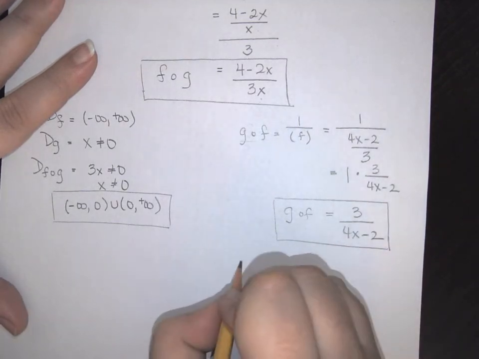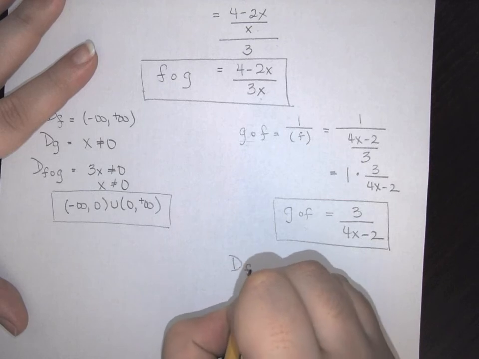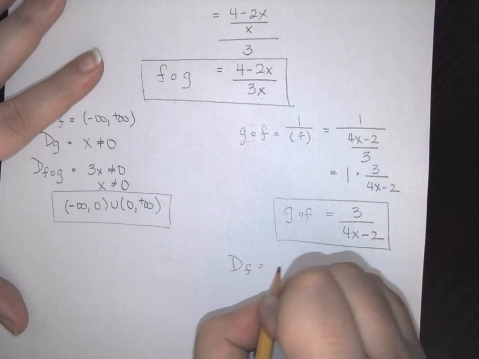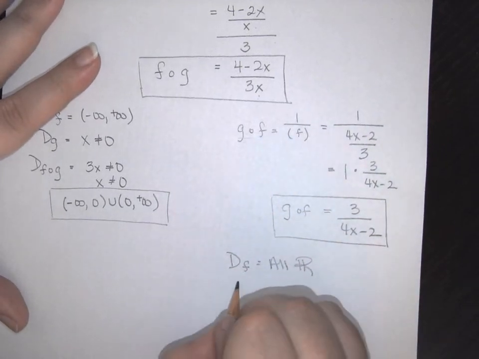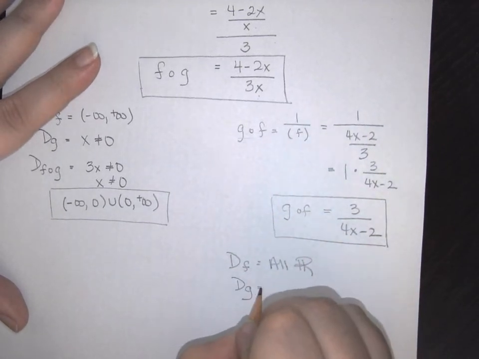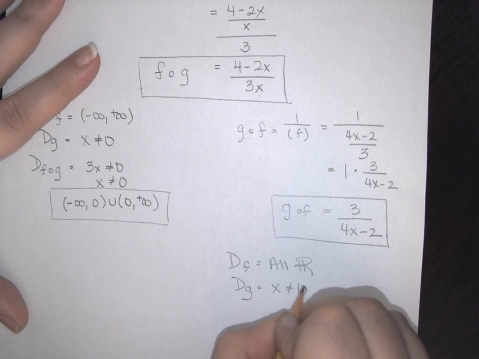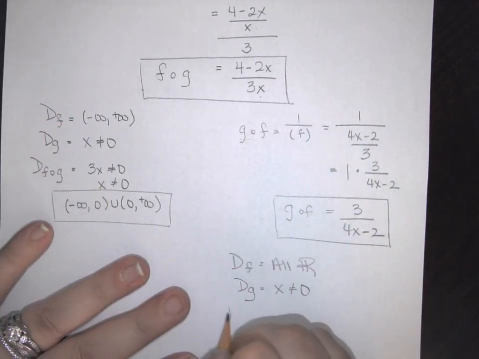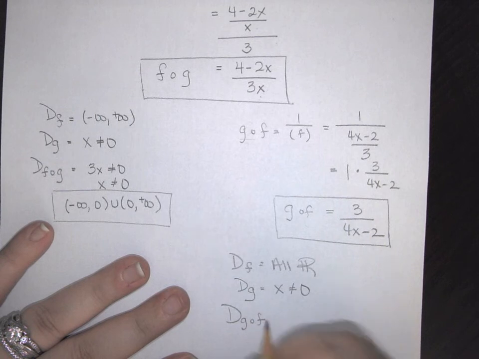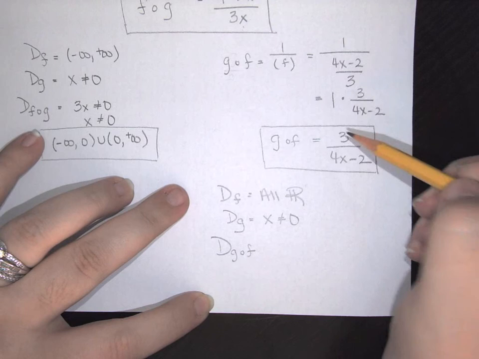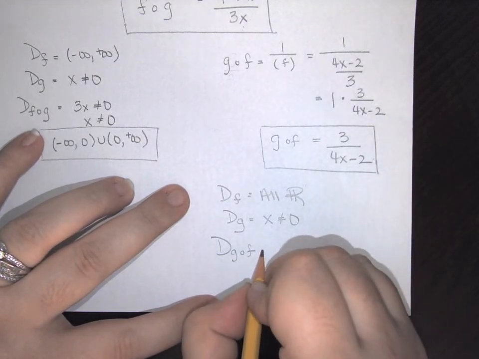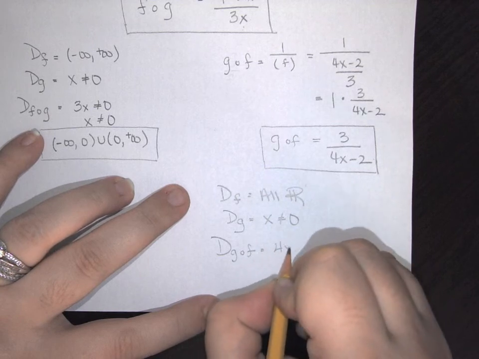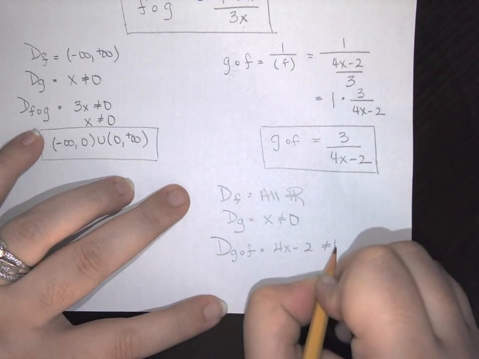So in this case, my domain of f was still going to be the same. It's still going to be all real numbers. My domain of g is still going to be that x cannot be 0. But in this case, my domain for g of f is going to change. And it changes because of what's happening here in the bottom, in the fact that this now is going to say that 4x minus 2 cannot be 0.